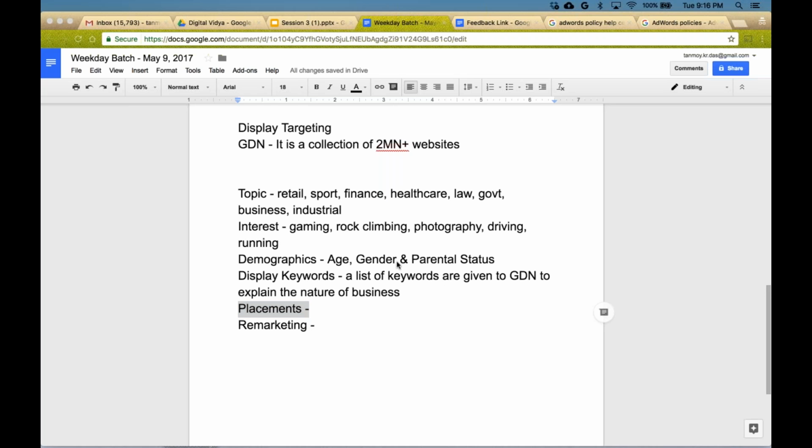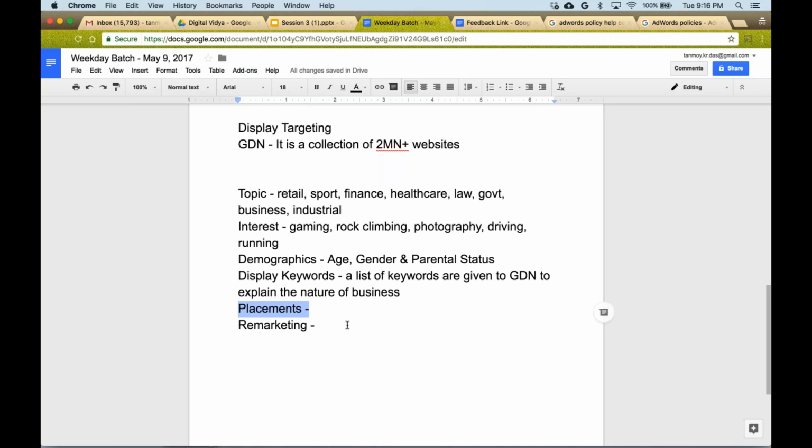You will only see the targetings you have done, and the clicks and impressions each one of them is getting you. But in placements, you will be able to see the websites and the clicks and impressions coming from each of them.